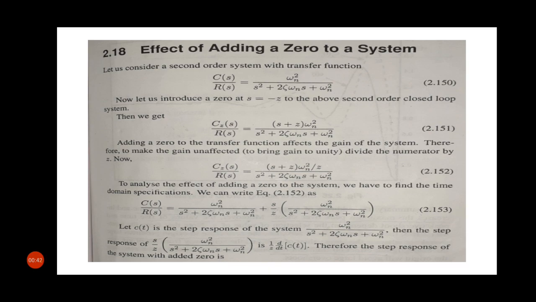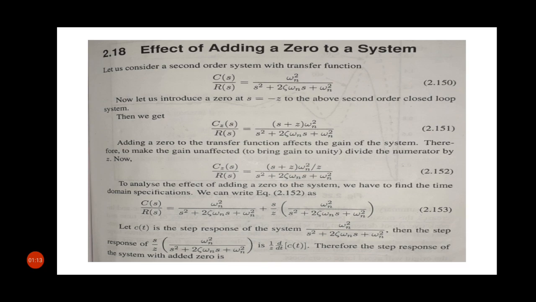Let us consider a second order system with the transfer function C(s)/R(s) equal to omega n square divided by s square plus 2 zeta omega n s plus omega n square. Now let us introduce a zero at s equal to minus z to the above second order closed loop system.